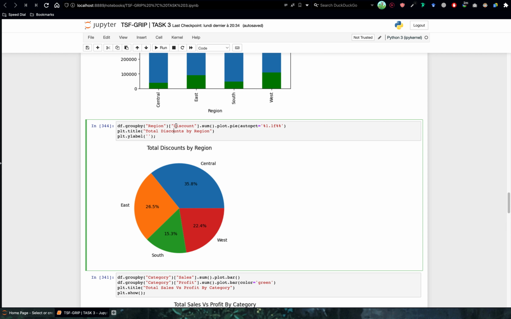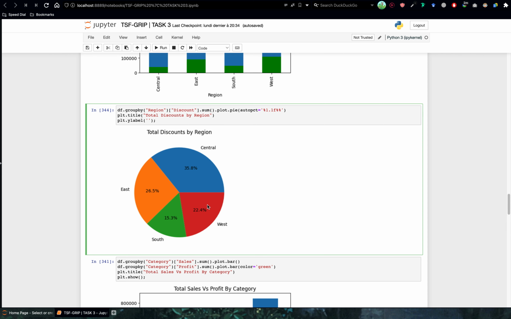Here we are seeing the sum of discounts by region. The Central region has a lot of discounts. The East 26%, 22%, and 15% in the South.